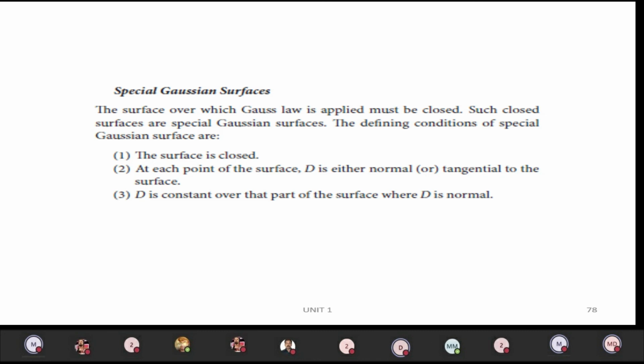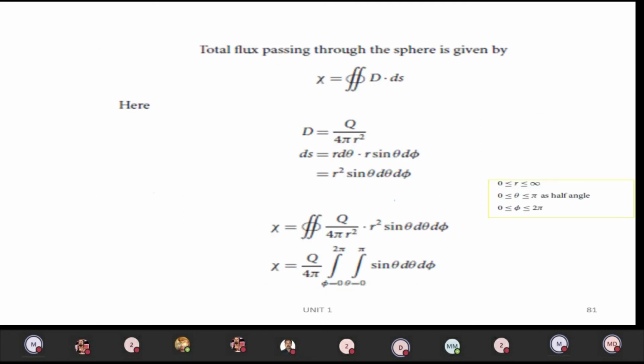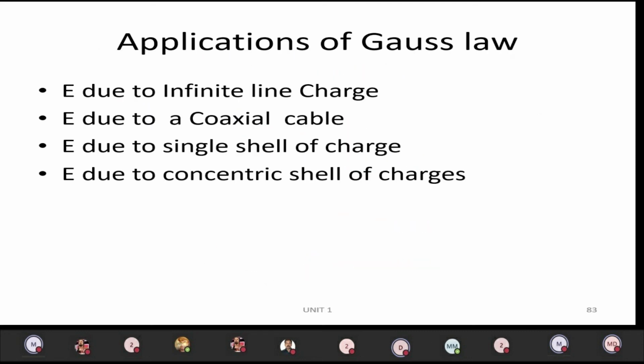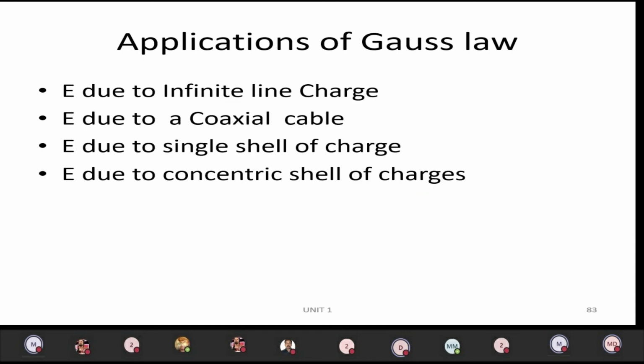Some applications of Gauss law: we can find the electric field due to an infinite line charge, due to a coaxial cable, due to a single shell of charge, and due to concentric shells of charges.